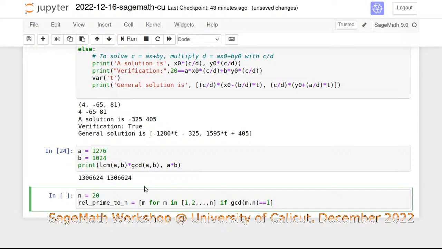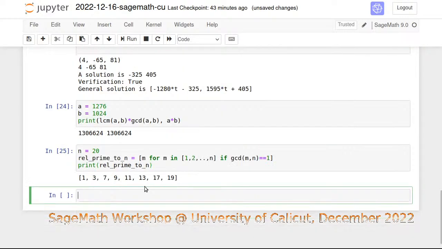Okay, so we'll get the list of all numbers that are relatively prime to n. Let us see if this is working. So 1, 3, 7, 9, okay, all the numbers coprime to 20, yes.